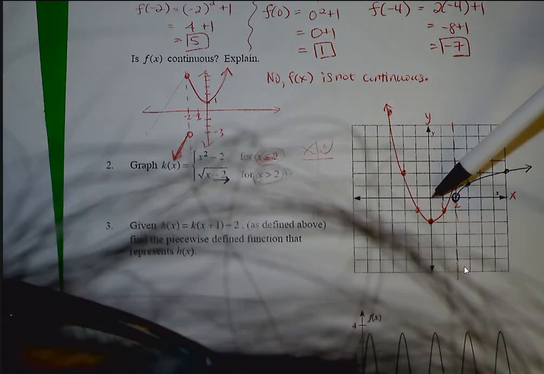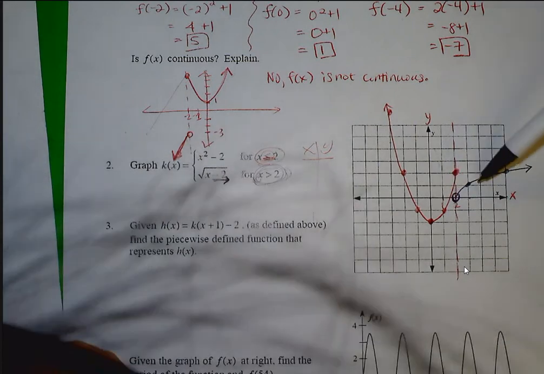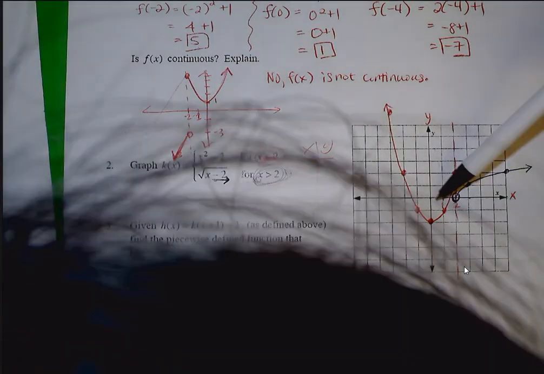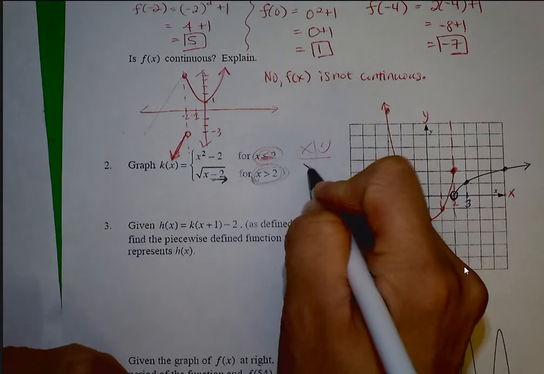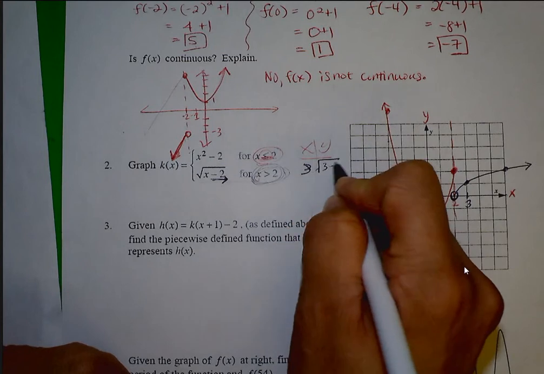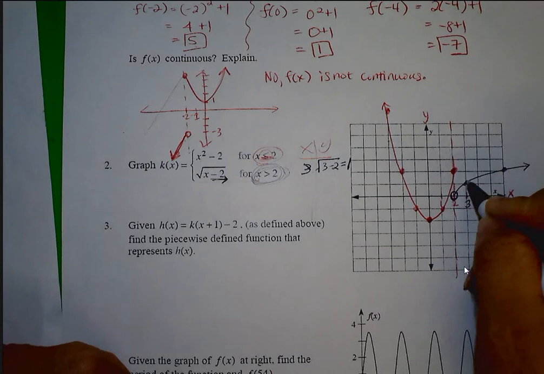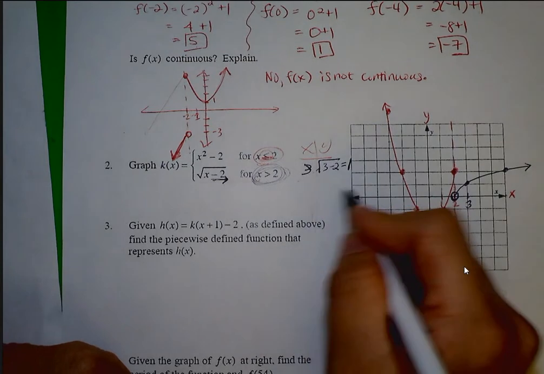If I go over 4 from here, I would go 2, and I'm just shifting everything over 2. If that doesn't suit you, this is actually an x value of 3, and I could plug in 3, and 3 minus 2, the square root, is the square root of 1, which is 1, so I know I go up 1. But again, I don't have to do that if I just use my transformation. So here's my graph.